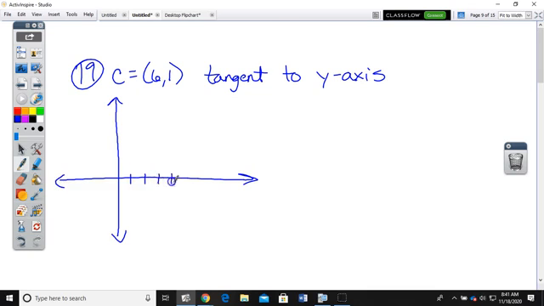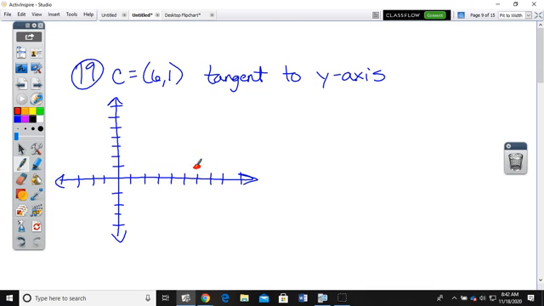Where is my center? 6, 1. 1, 2, 3, 4, 5, 6, up 1. So, right about there is my center.